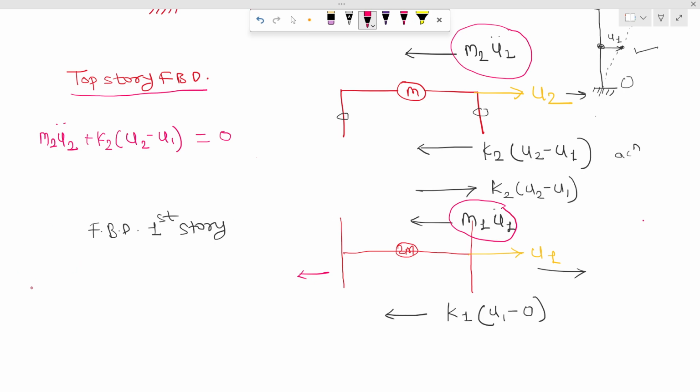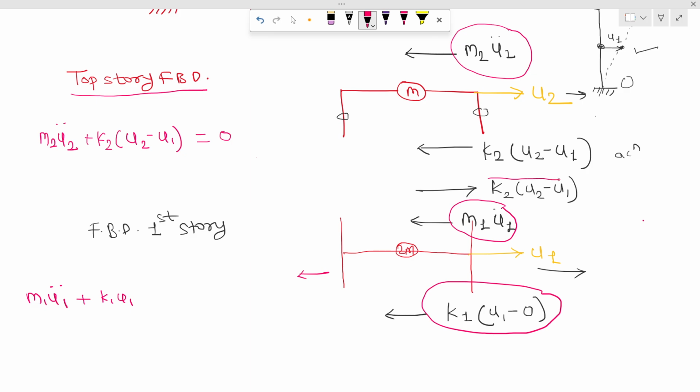M1 U1 double dot. Then again I will consider this stiffness force, plus K1 U1. I can write K1 U1 as it is, the second part is 0.